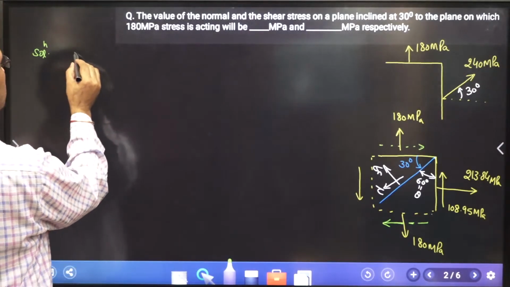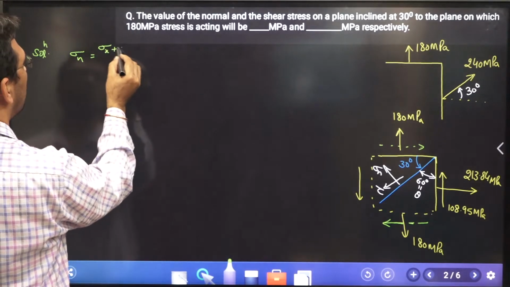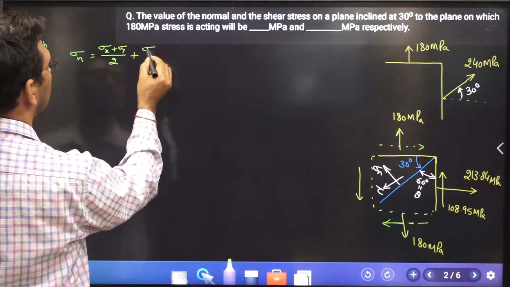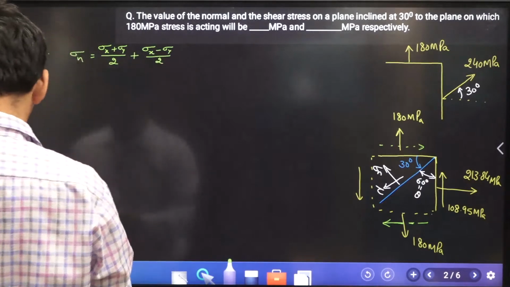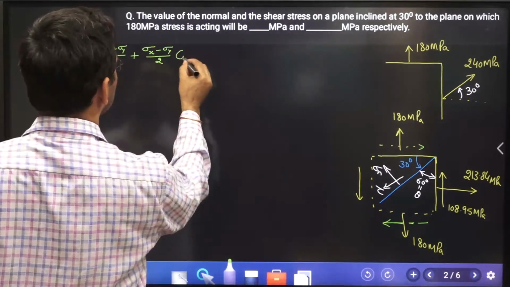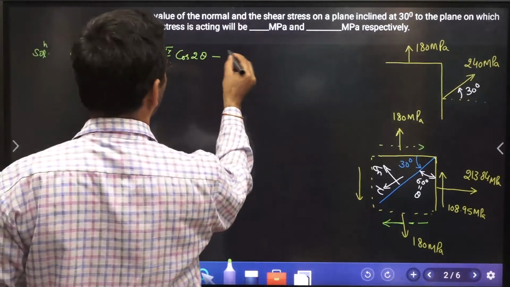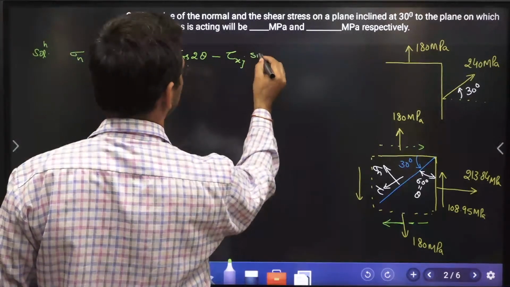How can you find out the normal stress? Normal stress is equal to sigma x plus sigma y divided by 2 plus sigma x minus sigma y divided by 2, and I think it is cos 2 theta, minus tau xy into sine 2 theta.